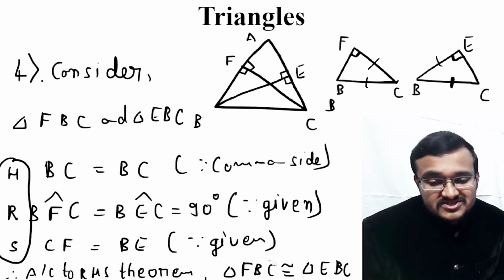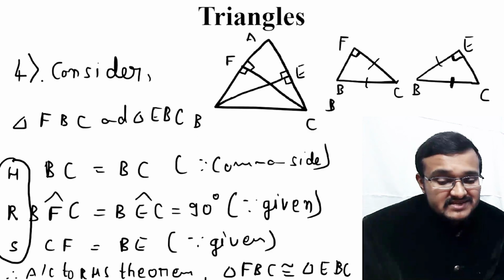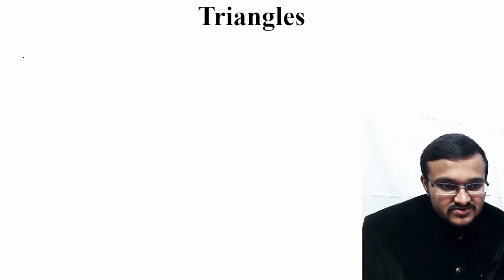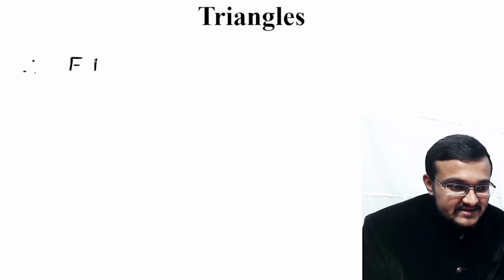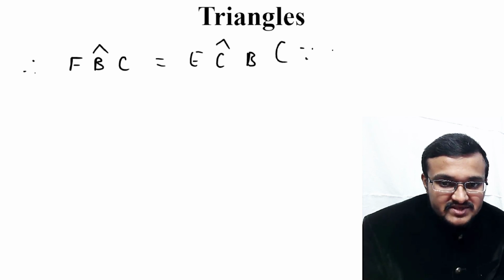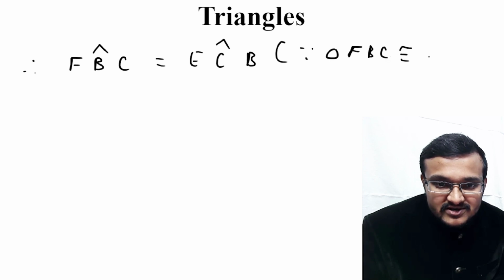EBC. So now since triangle FBC is congruent with triangle EBC, angle FBC will be equal to angle ECB. This is because triangle FBC is congruent with triangle ECB.